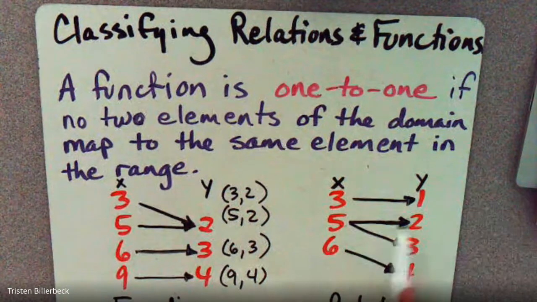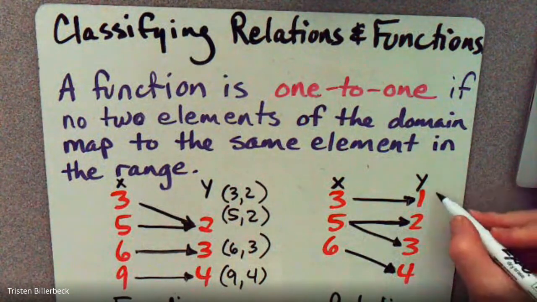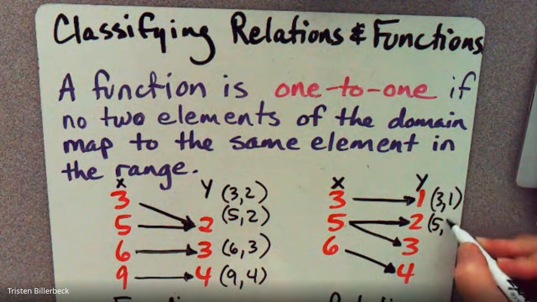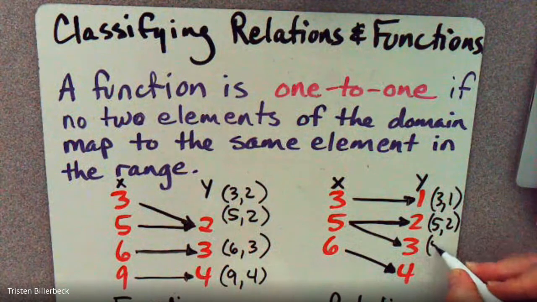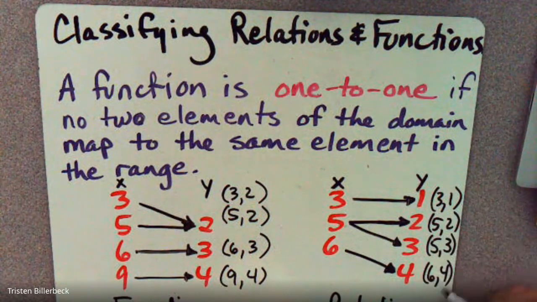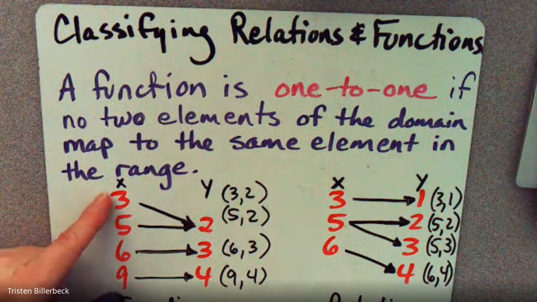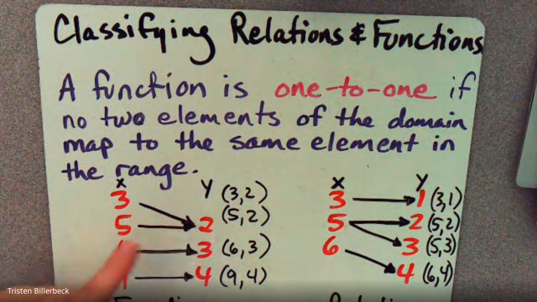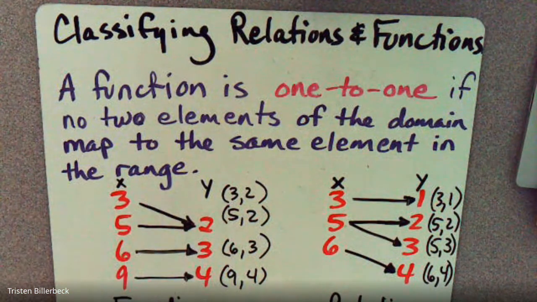Okay, so this one here is mapping where we would see 3, 1. This one would be 5, 2. And we have 5, 3 and 6, 4. All right, so the problem is that remember a function, for every input, it only has one output. So here are my inputs, and 3 has only one output, 5 has only one output, even though they have the same output.